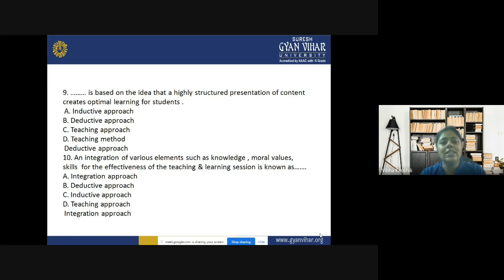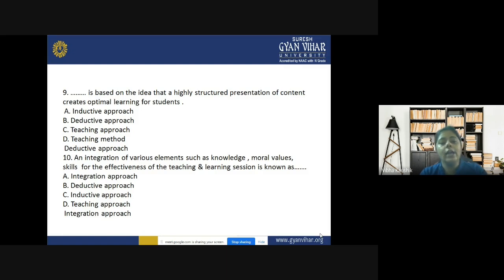Now you have to select the correct answer on the basis of the given choices. So the correct answer will be option B, that is deductive approach is based on that idea.